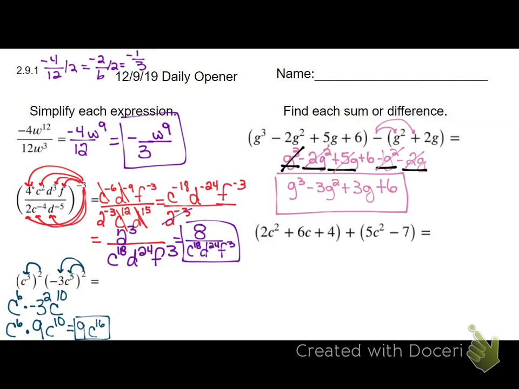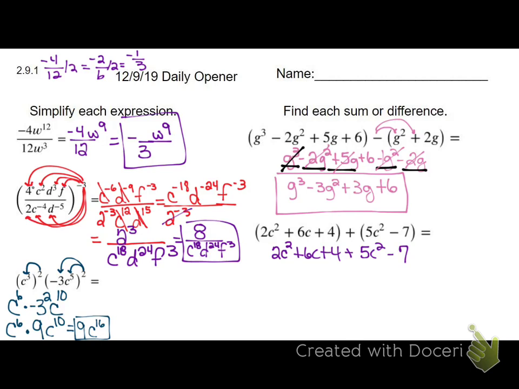When I add polynomials, the first step is to get rid of my parentheses. I don't have to worry about distributing because I only have to do that when I subtract. Okay, next step. Combine like terms.